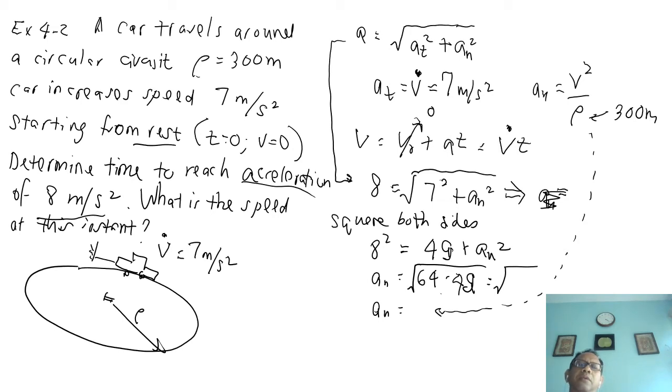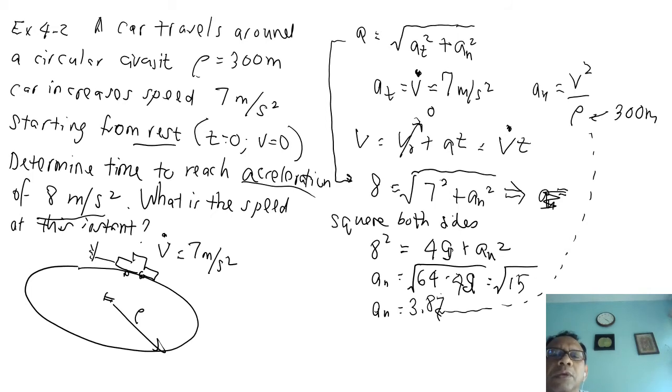So that is 15. And then we know an is square root of 15, that is equal to 3.87. So an is 3.87.